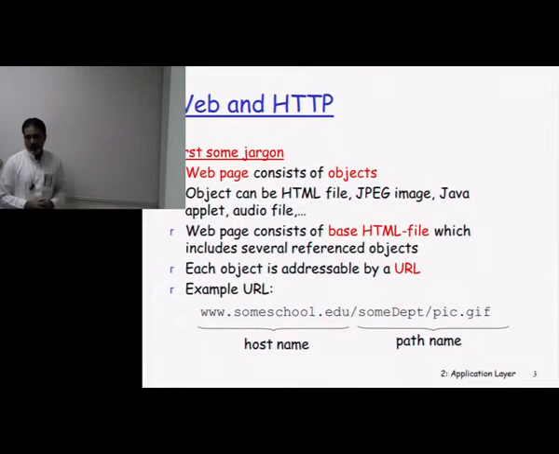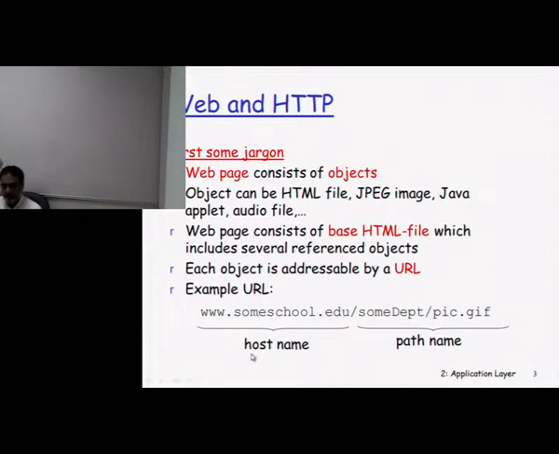For example, here a URL is given: www.summerschool.edu/somedepartment/picture.gif. Now the first part of the URL is called the host name. Host name means the computer, the domain name or the IP address, and the path depicts where this particular GIF image is kept.